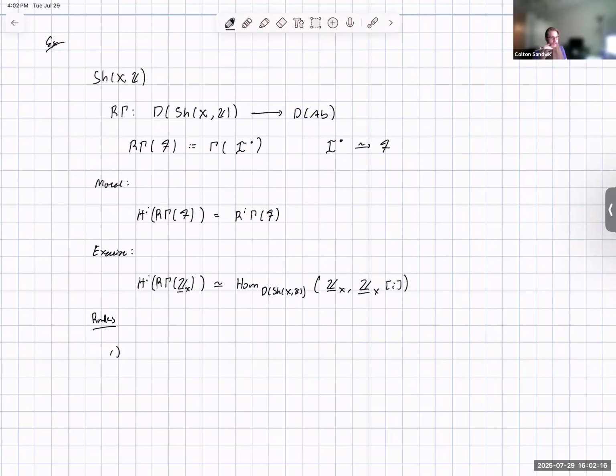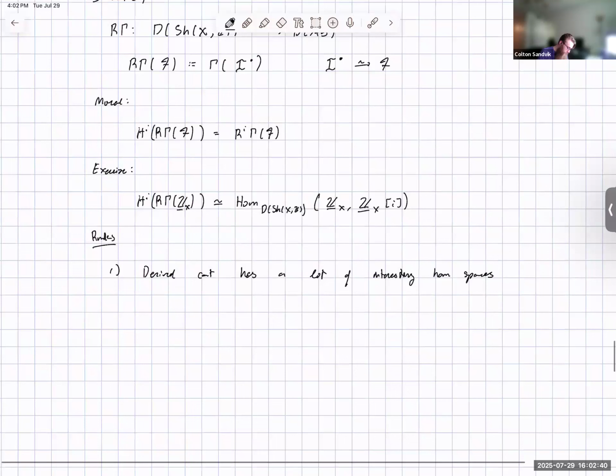If we shift it by anything that's not zero, then it'll be zero. So the derived category has a lot more interesting homs that are just not present.